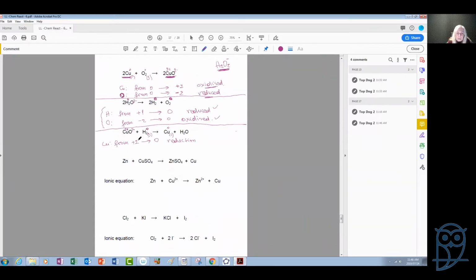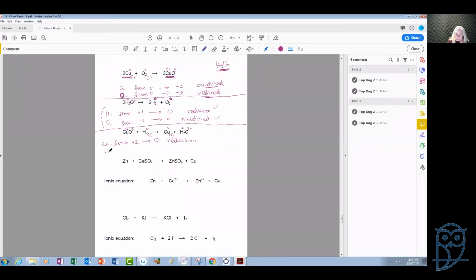And what else changed here? Let's see, the oxygen from -2 here. What is the oxygen here? It's also 2 minus, isn't it? Then the hydrogen from 0 in the reactants has gone to +1 in the water. So we see the hydrogen also changed.